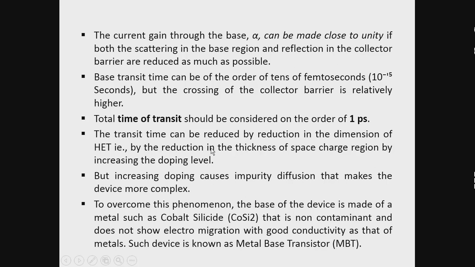In order to avoid this kind of impurity diffusion effect, we make the base of metals such as cobalt silicide, CoSi2, which has very good conductivity at the same time. So that will give the electron movement very fast. And such devices are usually called metal-base transistors.